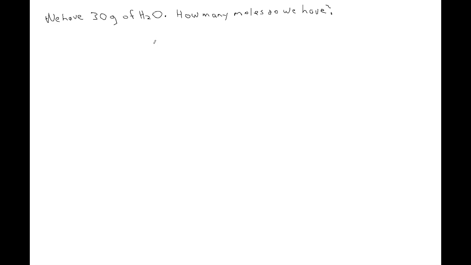Thing, you need to find out the grams in a mole of H2O. So that would be, you have 2 moles of oxygen, sorry, you have 2 hydrogen atoms, and you have 1 oxygen. 2 hydrogen is 2 grams. 1 oxygen is 16 grams.